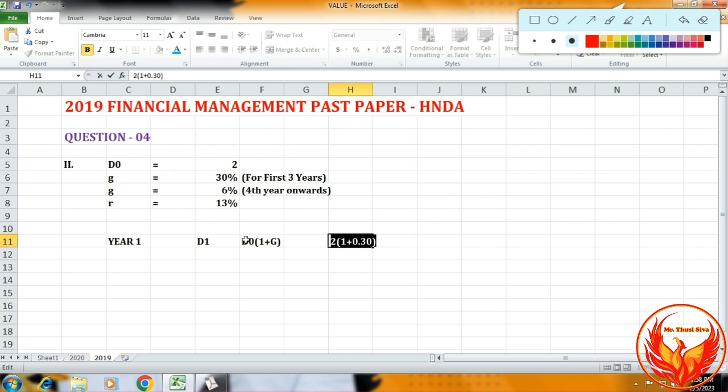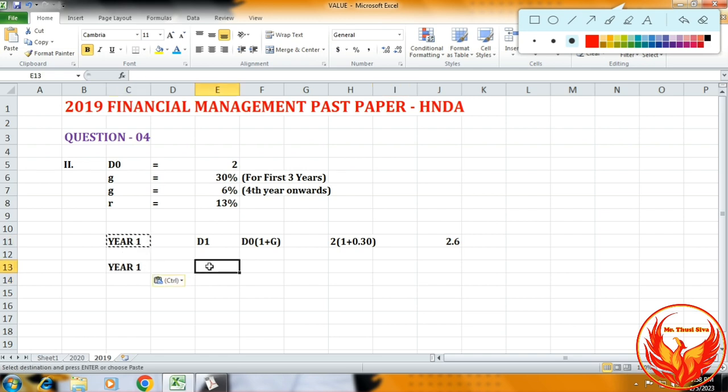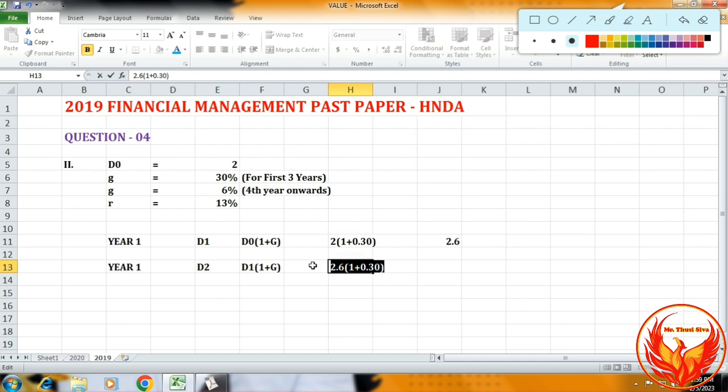The answer for D1 is ₹2.6. In year 2, D2 equals D1 into 1 plus G. D1 is already calculated as ₹2.6 into 1 plus G, G equals 30%. So the answer for D2 is 3.38 rupees.